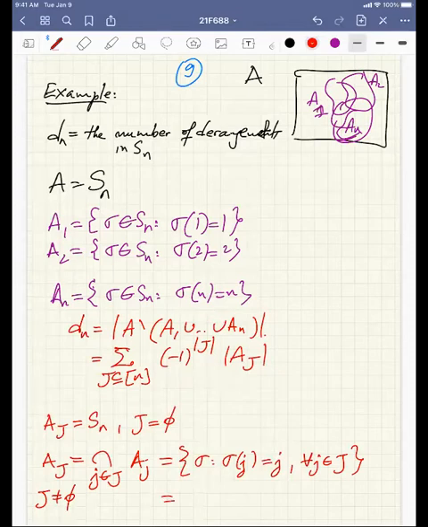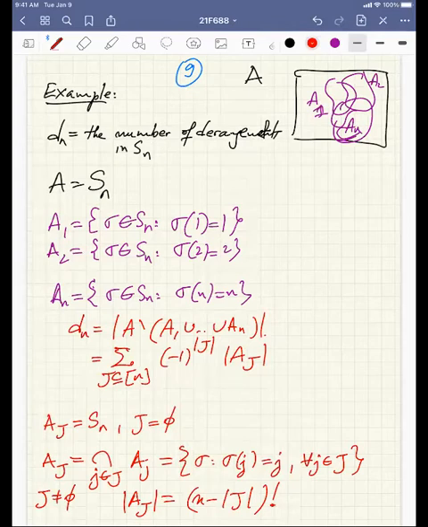So all these elements, we know exactly where they go. They don't go anywhere, they are fixed. But you are free to do everything that you want with the remaining n minus cardinality of J elements. So you can permute them in all possible (n minus cardinality of J) factorial ways. So basically the cardinality of A_J is going to be (n minus cardinality of J) factorial.